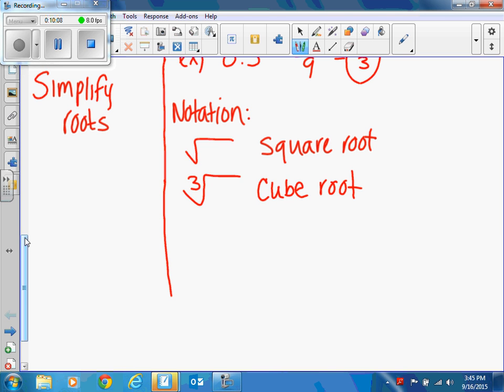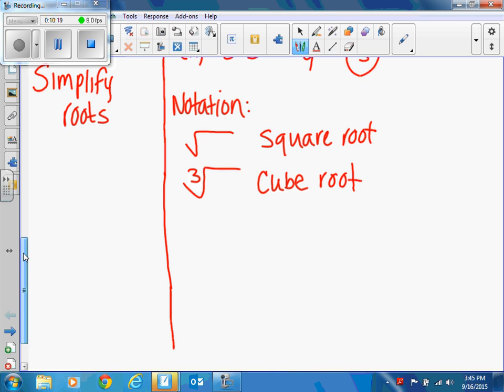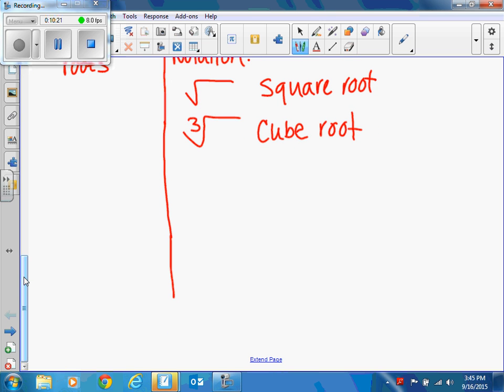So we're going to need to be familiar with those two notations as we move forward. Okay, so we do have a couple topics when we look at cube roots and square roots, and those are perfect squares and perfect cubes.